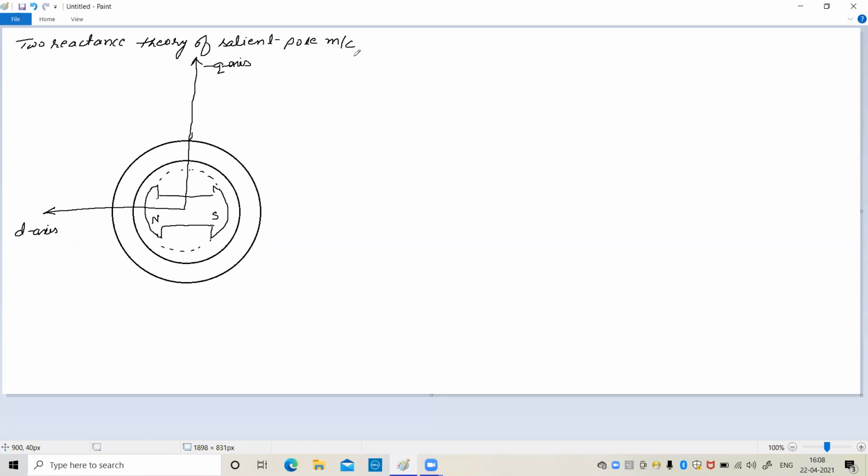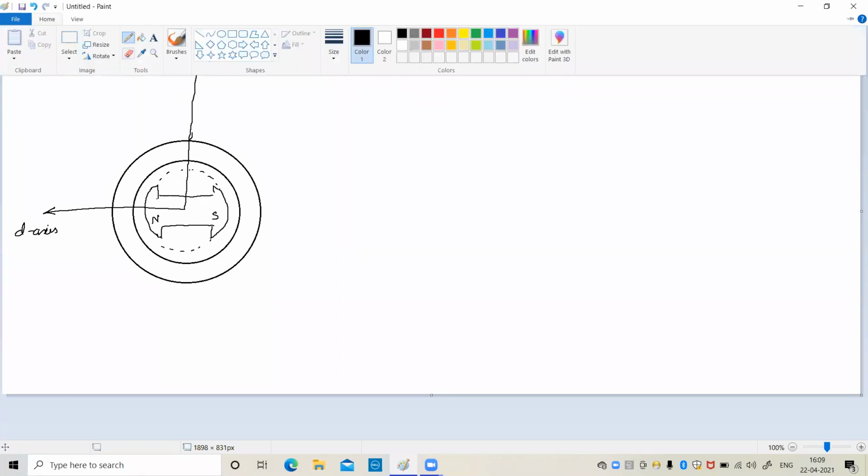Therefore, only one reactance, which is called the synchronous reactance, is sufficient for determination of voltage regulation or determination of voltage drop across the armature winding. Whereas in case of the salient pole machine, the air gap is not constant along the direct axis and quadrature axis.